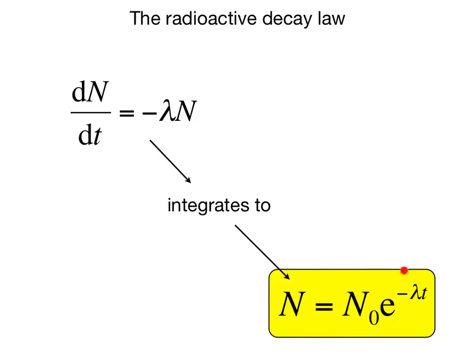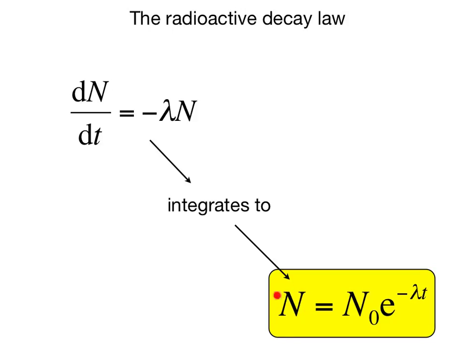In this equation, we have N0, which again is the original number of parent nuclei, multiplied by e, the natural number e, raised to the negative lambda t, where lambda again is the activity constant, usually in seconds to the negative 1, and t is the elapsed time since we've been watching the sample, usually measured in seconds.